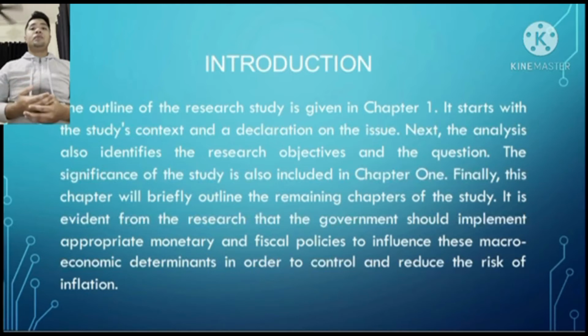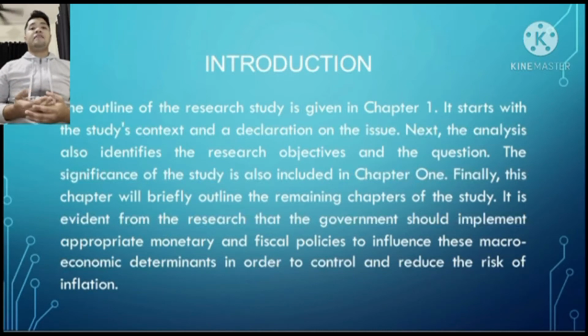It starts with the study's context and a declaration on the issue. Next, the analysis also identifies the research objective and the question. The significance of the study is also included in chapter 1. Finally, this chapter will briefly outline the remaining chapters of the study.